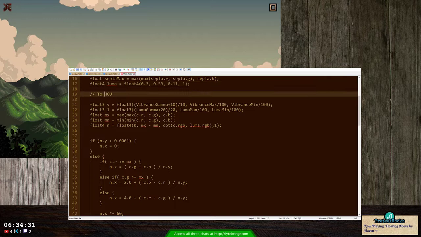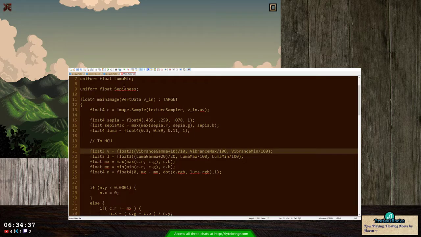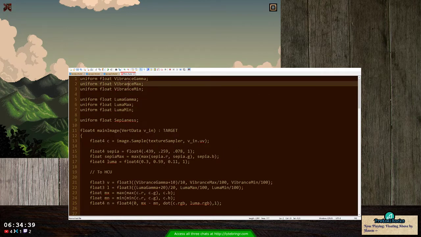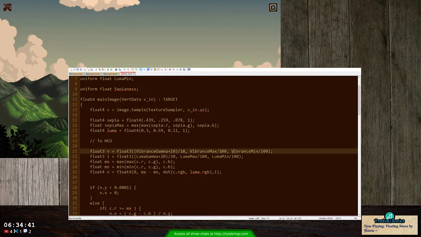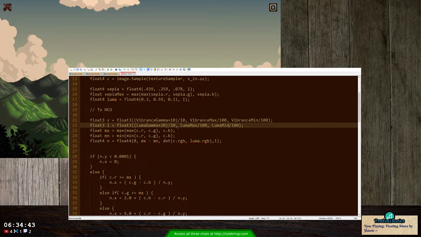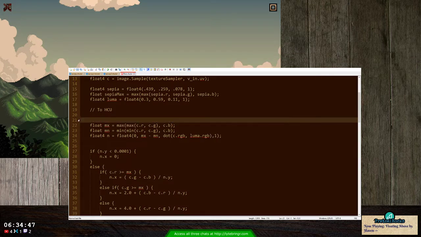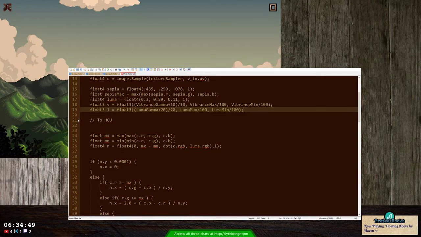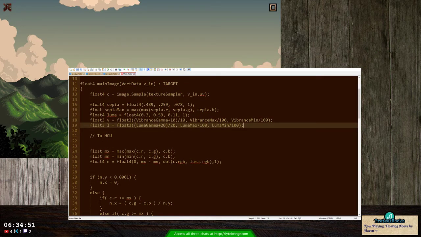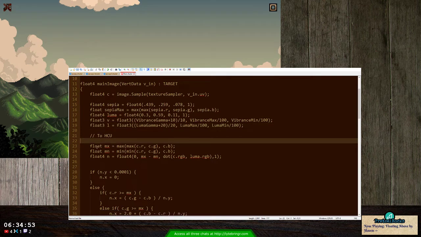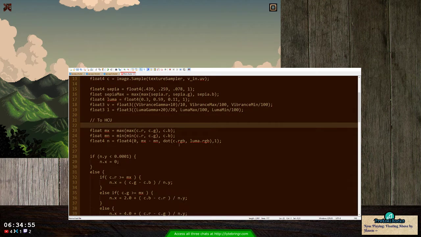And so from there, we've got our vibrance from our uniform, and we convert it a little bit such that it's more usable. Again, these are adjustments for later. Like, those are things that will get adjusted later. And so they are not part of the transformation process either.